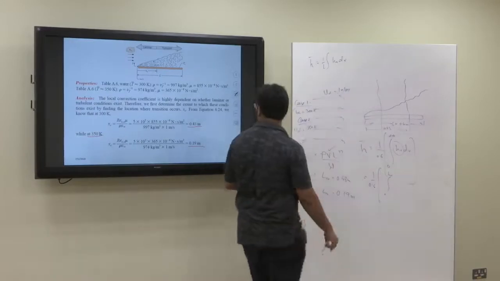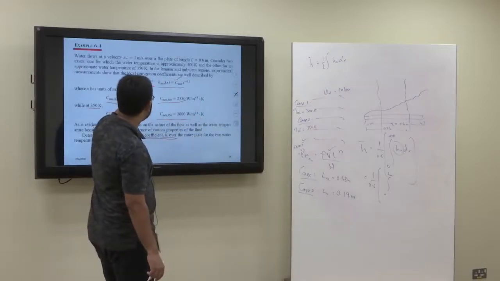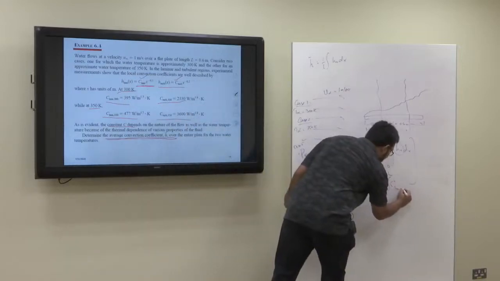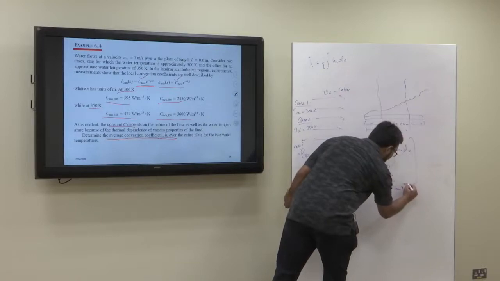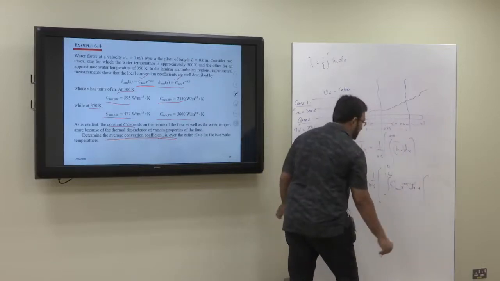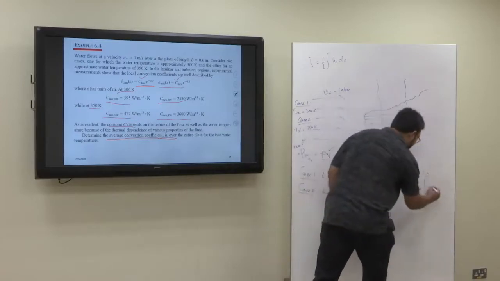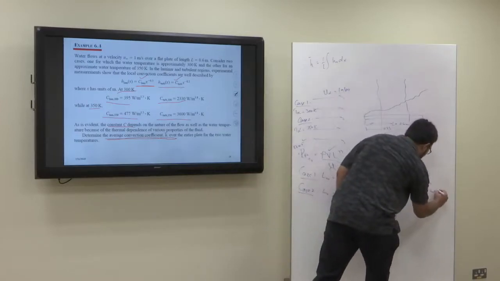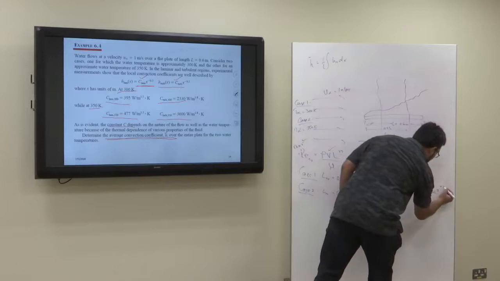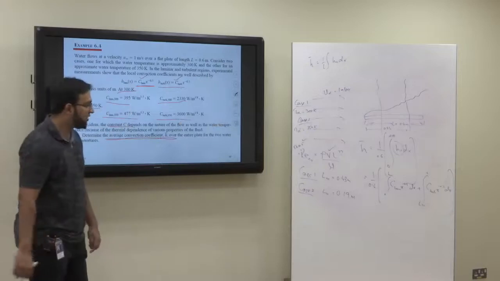In this case, we know the formula for the laminar case: C laminar x^(-0.5) dx, plus, now from L critical to complete L, we put C turbulent x raised to the power -0.2 dx. Is it clear? So now we know the ranges.